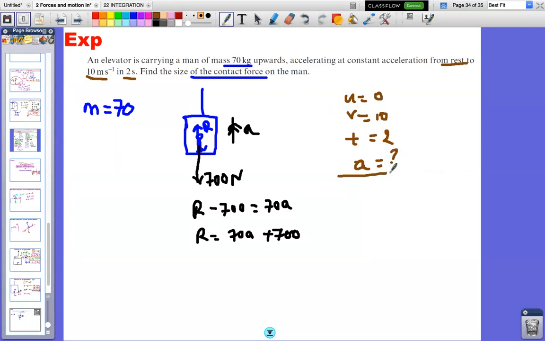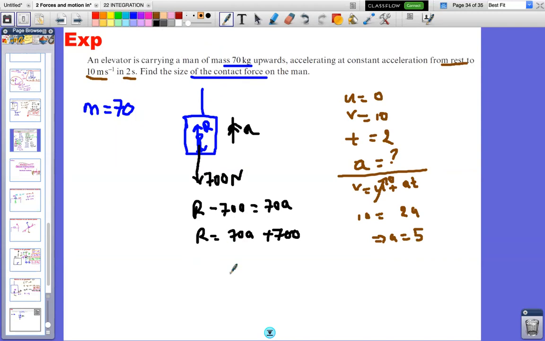Which equation should we use here? V equal U plus AT. U is 0, so that's 0. So we have 10 should be equal to 2A, giving us A equal 5.